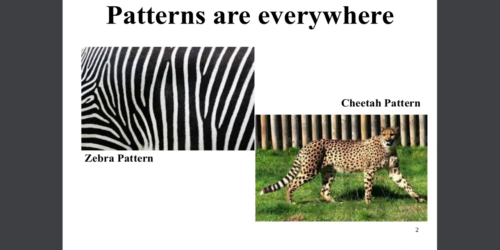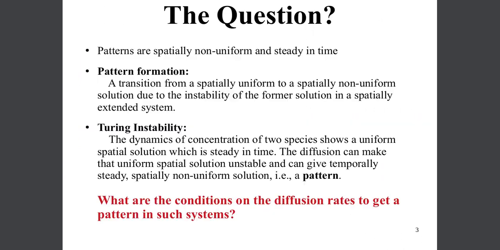So what can be the model for this pattern formation that we will study here? First, the question: what are patterns? Patterns are spatially non-uniform. So somewhere it will be black, somewhere it is yellow.